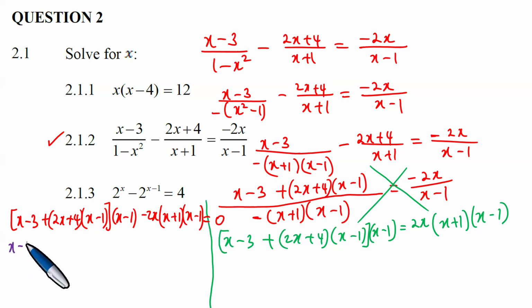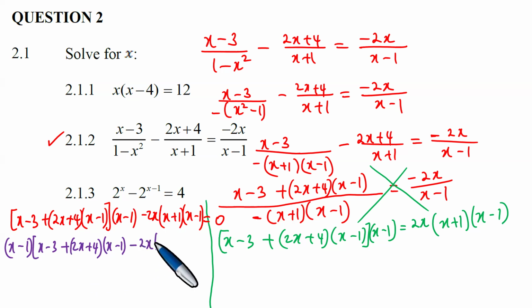So we can take it out as a common factor, and then we get x minus 3 plus 2x plus 4, x minus 1, and then here you have minus 2x, and then x plus 1 equals 0. So we have taken out the x minus 1 as a common factor.